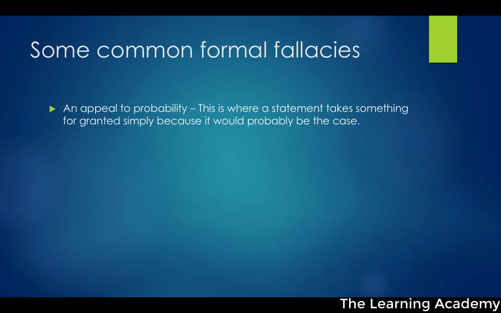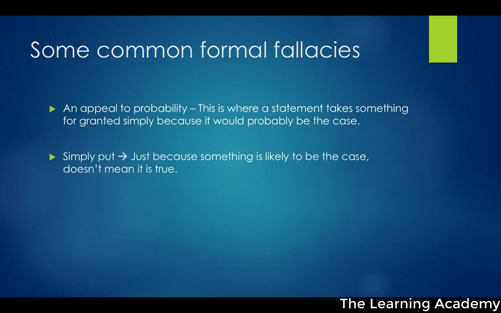One of them is the appeal to probability. This is where a statement takes something for granted simply because it's probably true or probably false. Okay? So simply put, just because something is likely to be the case doesn't mean that it's true.